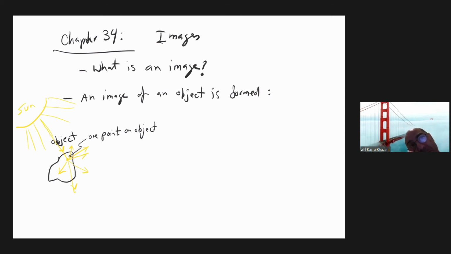Now, let's take two of these rays that are being scattered. Maybe this one goes in that direction, and maybe another goes in that direction. These are only two examples of the rays being scattered in all directions. We'll get to my eyes.